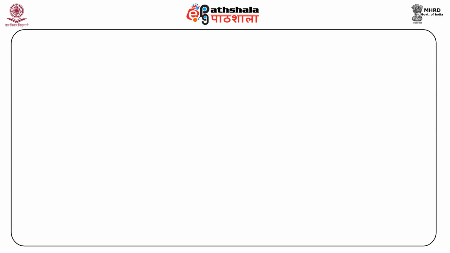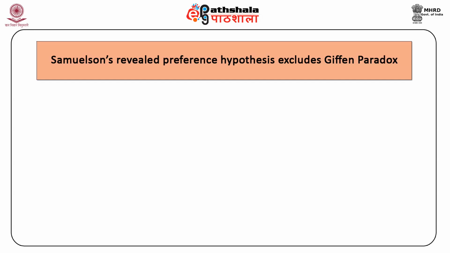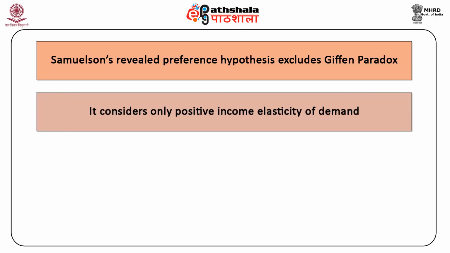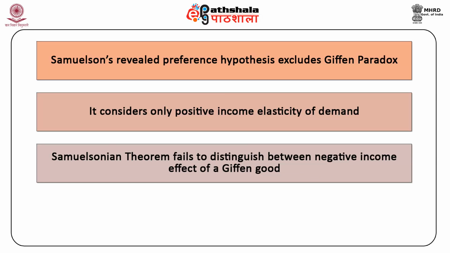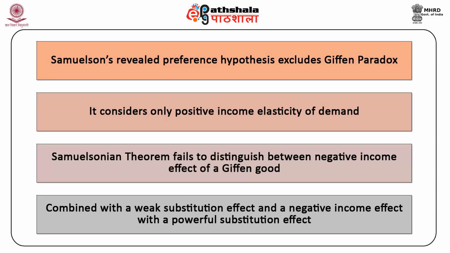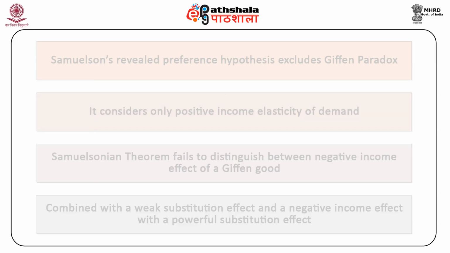Second, it excludes the Giffen paradox. Samuelson's revealed preference hypothesis excludes the study of the Giffen paradox, for it considers only positive income elasticity of demand. Like the Marshallian law of demand, the Samuelsonian theorem fails to distinguish between the negative income effect of a given good combined with a weak substitution effect and a negative income effect with a powerful substitution effect.